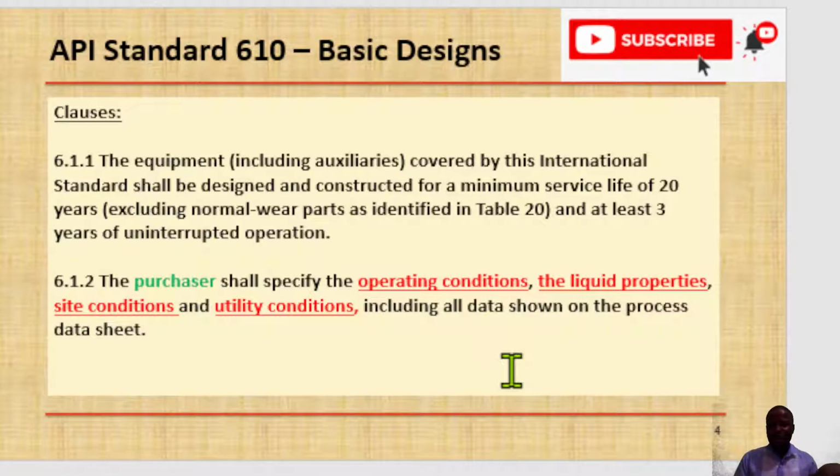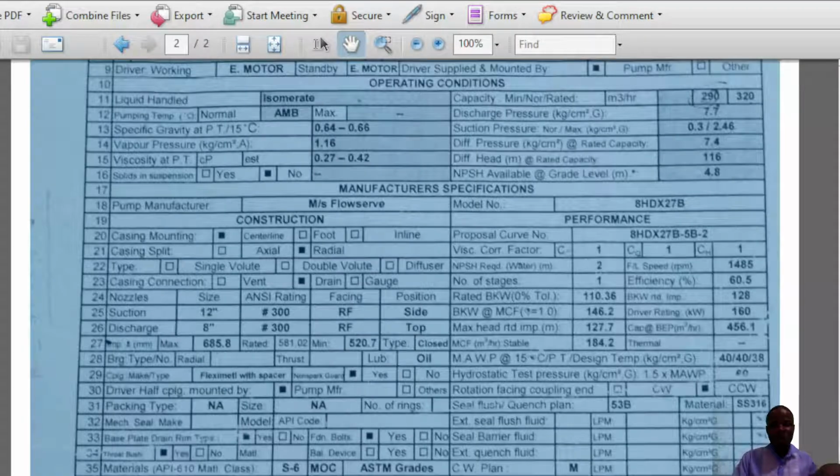The purchaser represents the owner or owner agent who issues the order and specification to the vendor. So as a purchaser, it is expected that you specify all this information in your process data sheet. So these are the following operating conditions that have been specified.